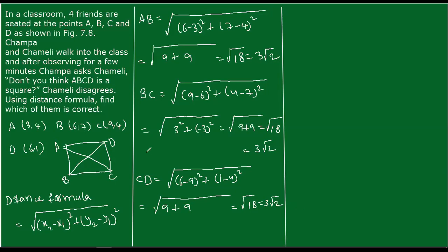So let's check the last side, that is AD. In AD, point D becomes x1 y1 and point A becomes x2 y2.